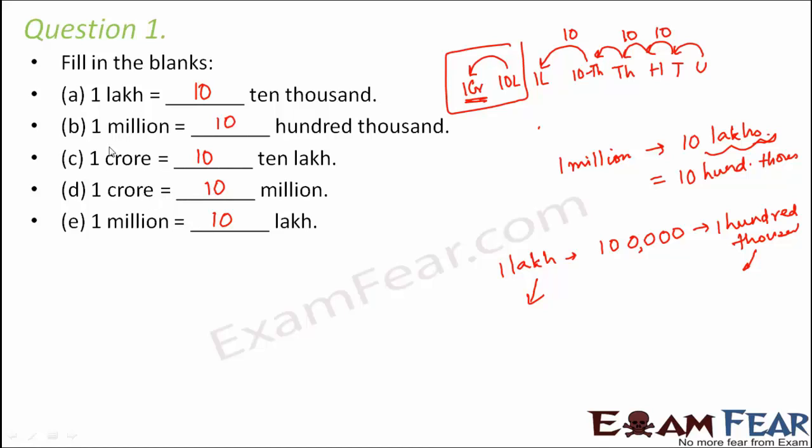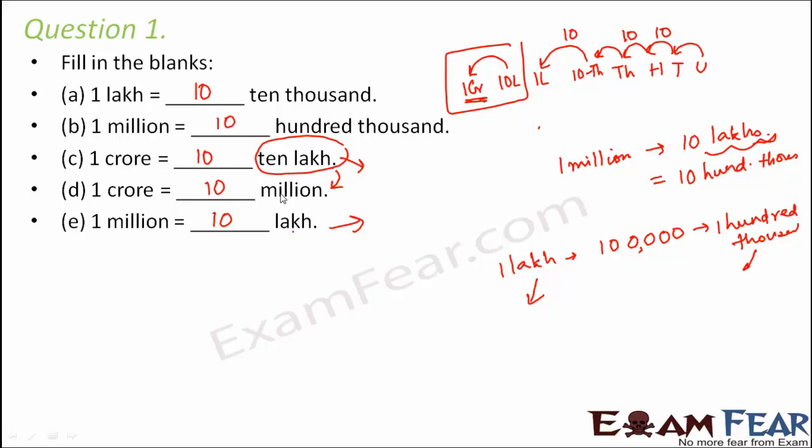Why? Looking at this and this, 1 crore is equal to 10 lakhs and 10 lakhs is equal to 1 million. So that means this 10 lakh can be replaced with 1 million. So you are left with 10 million. So 1 crore is equal to 10 million.